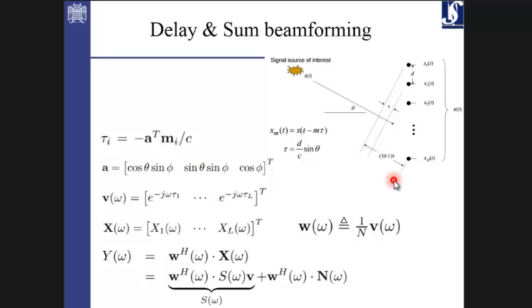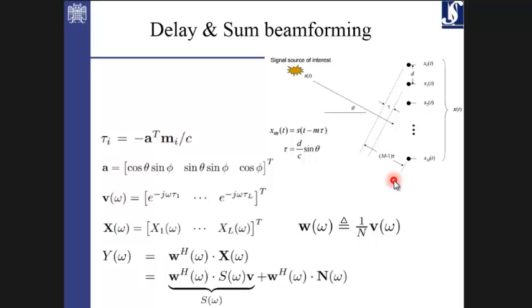The goal of the beamformer is to find a W such that when we apply the W on X, we can get the signal. Applying W on X is a filtering. So X should be filtered in such a way that we get the signal.